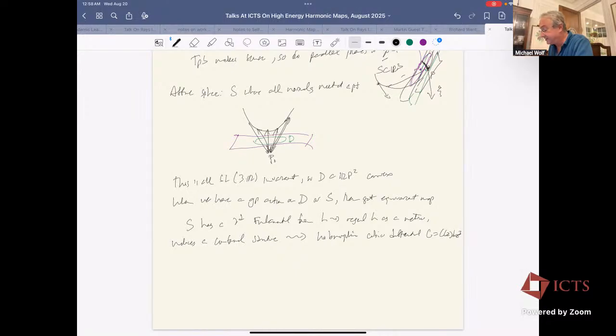From all this, in addition, and this next remark is not essential now, but I will repeat it later, we actually get a map to the symmetric space SL3R mod SO3.